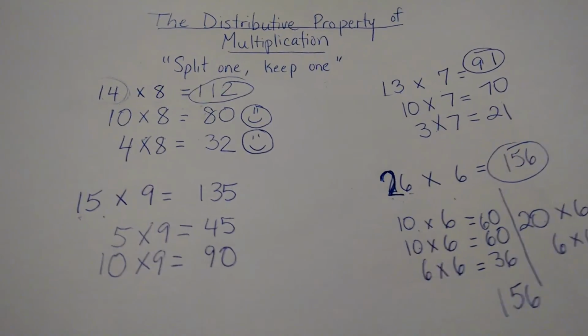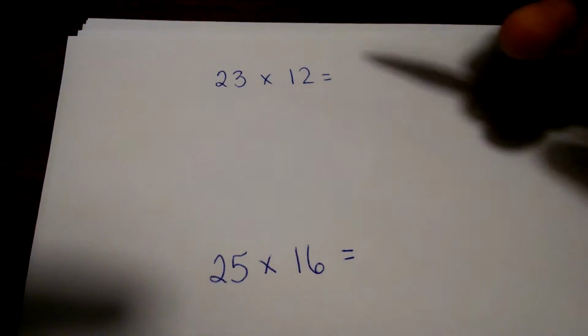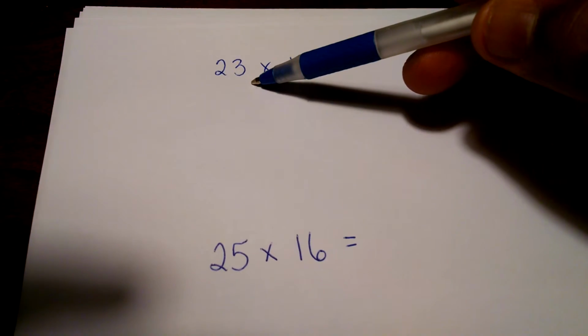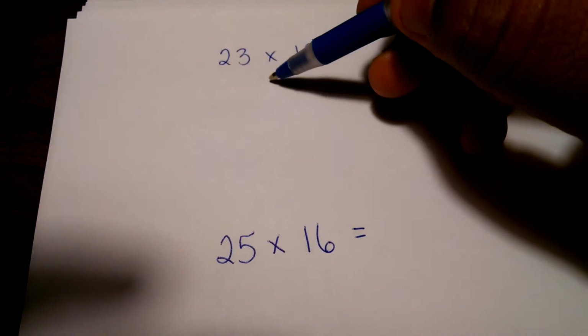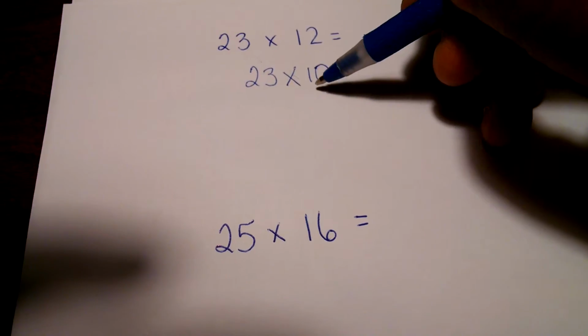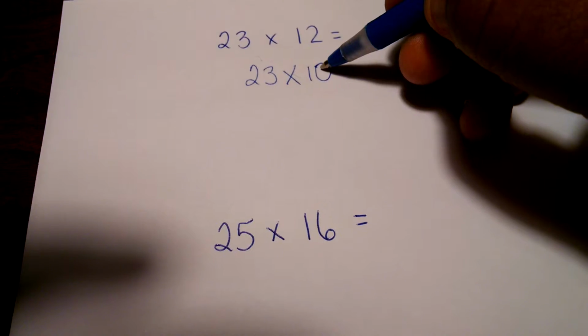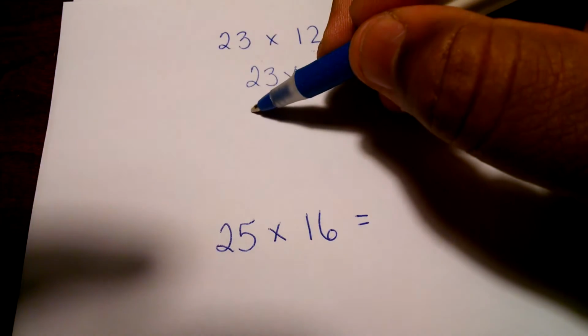Now, can you do this with 2-digit by 2-digit? We looked at this today and we know that we can. So we can keep one factor the same and split the other. So I can keep my 23 the same if I want. So 23 times 10. And I'm going to split the 12.